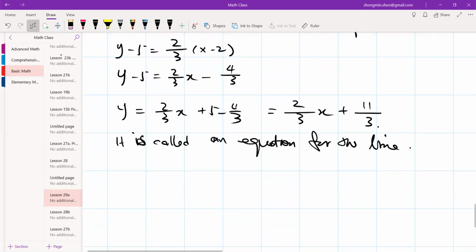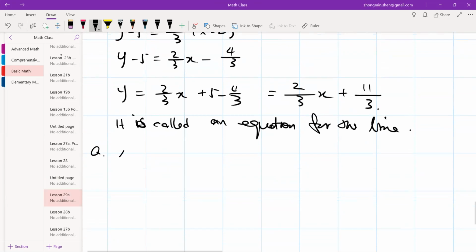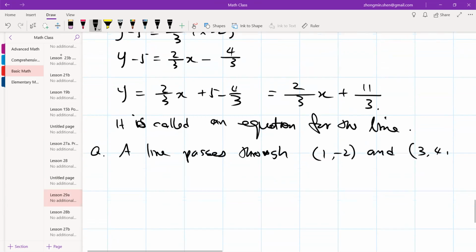Now, given an equation of a line, you can conversely determine the line. So let's try to find the equation for a line. A line passes through two points, (1, -2) and (3, 4).